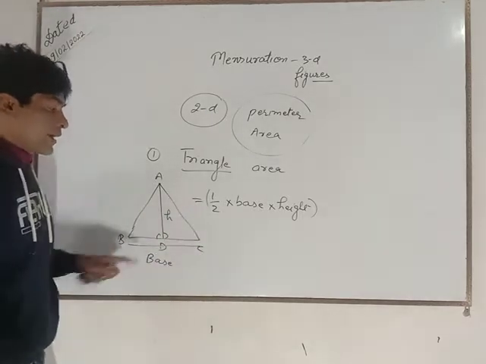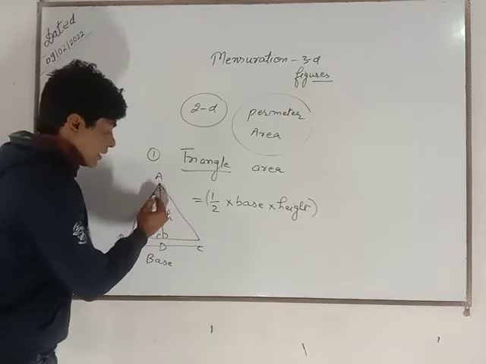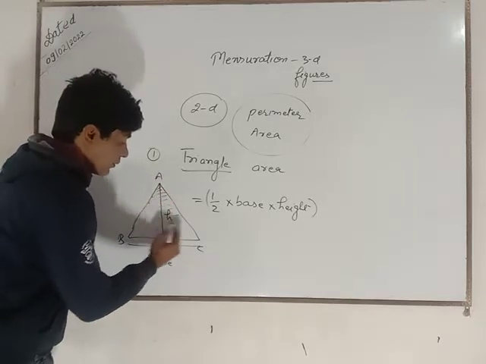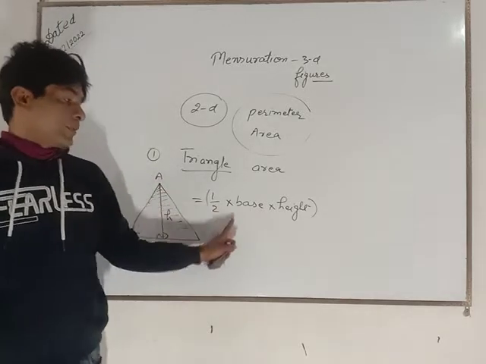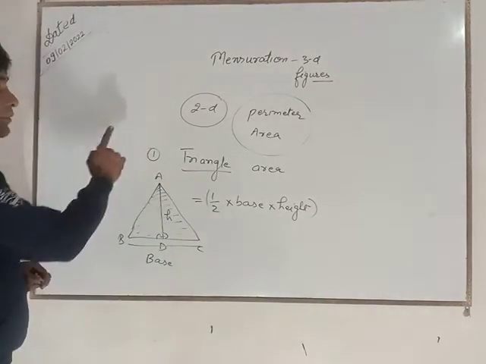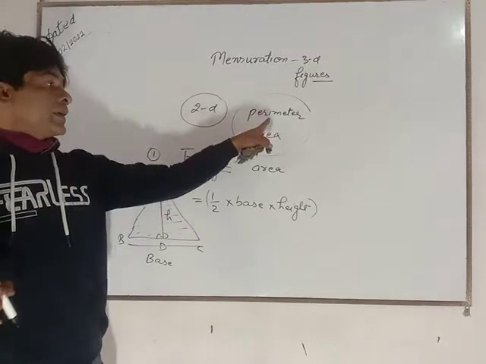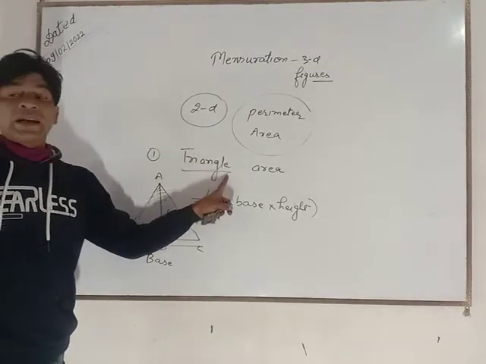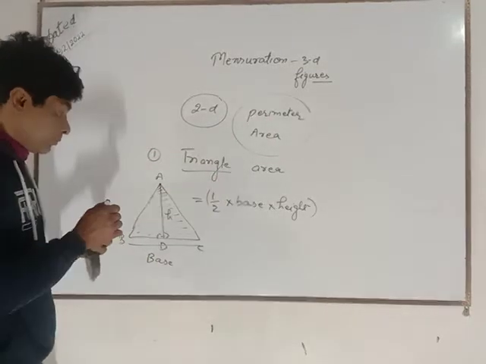Then the area of the triangle will be equal to 1 by 2 into base into height. Right? In 2D figures, the first figure is the triangle area, you have to understand.